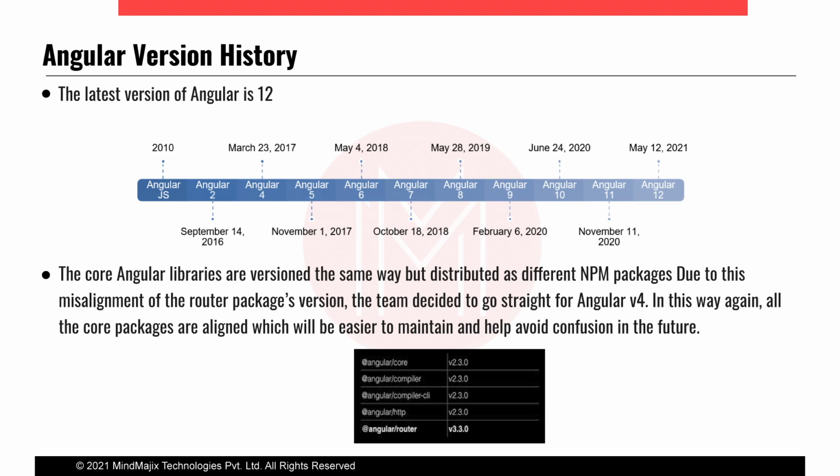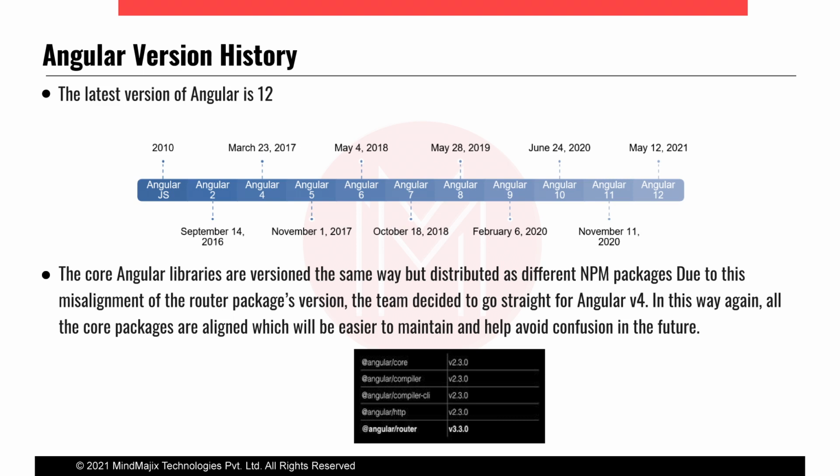Okay, so it was already in the third version, but many changes happened in the router only. So after the second version of Angular, major changes happened in the router only, but it's still in the third version.